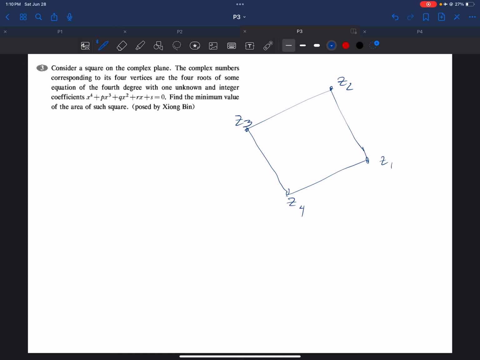Well, of course we can always write the equation like this: product of Z minus Z1 times Z minus Z2, Z minus Z3, Z minus Z4 equals 0. But perhaps it's not the most useful way to write it. Let's see. Well, if I consider all these relative to the center, let me say that this is the center of our square. It's called A.